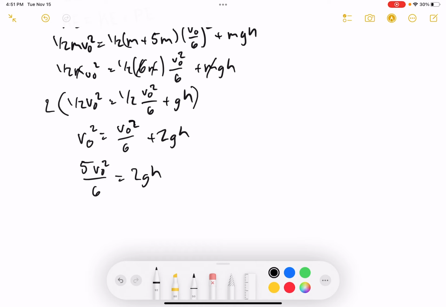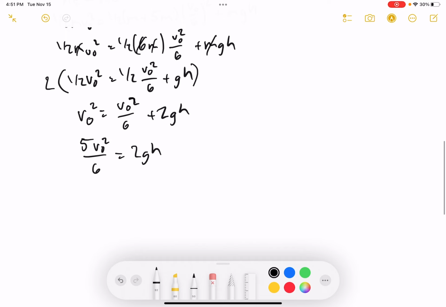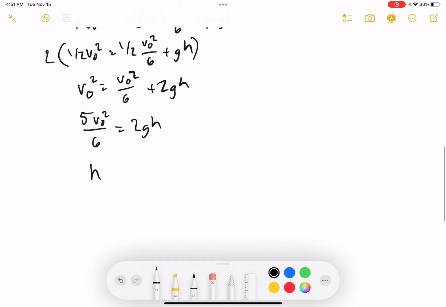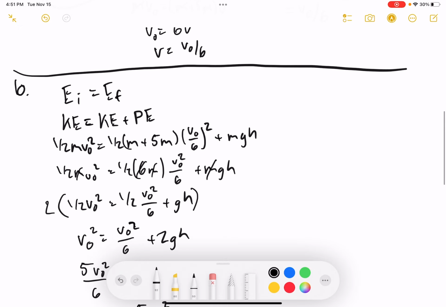Remember, I'm solving for h. Then I will divide, so h equals 5 v naught squared over 12g. Okay, and so the really tricky thing here is realizing that you can set it up with energy.